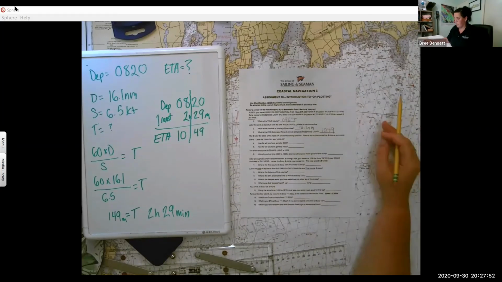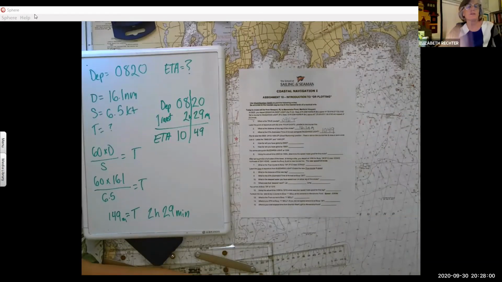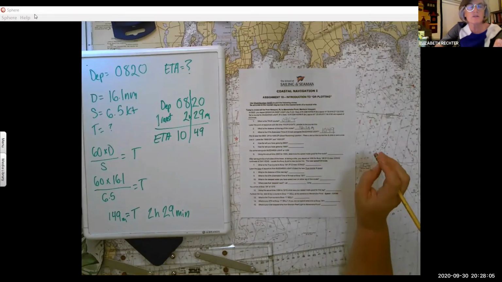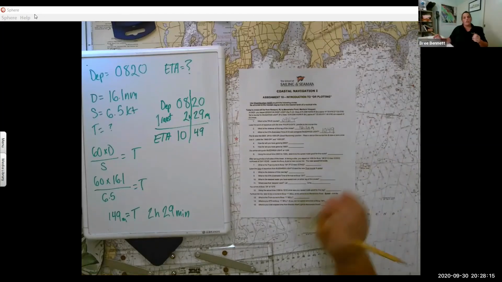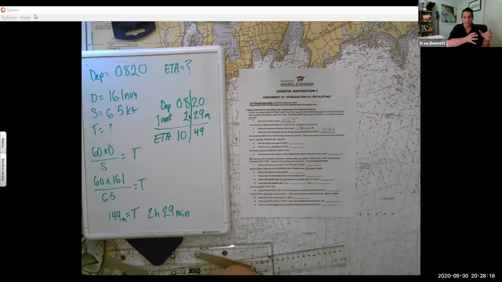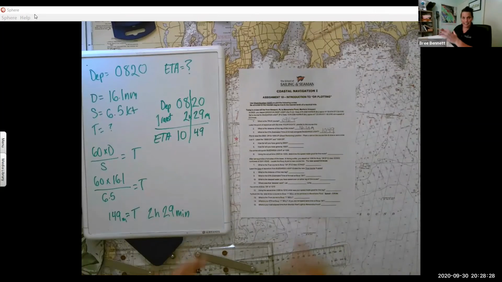Okay, any questions on how I calculated that ETA? We're doing all right with that? I have a question. Go ahead. Last week I got kind of freaked out about where there's variation and deviation and magnetic, and so we're just doing true. Yes. What we learned last week is all compass error. This week we're putting that aside and learning a new topic of DR and 60D Street.